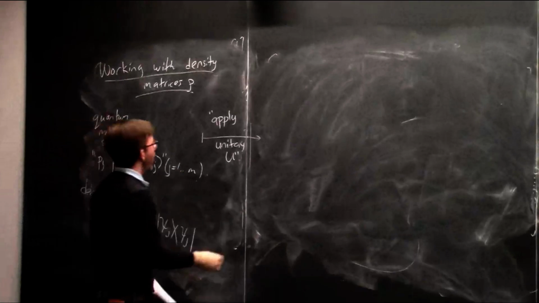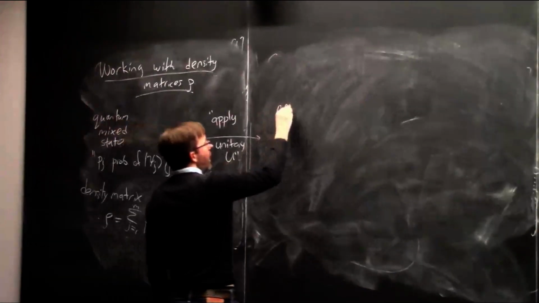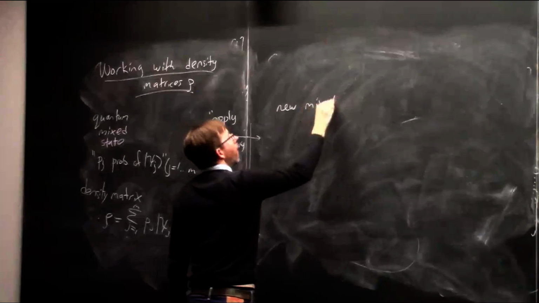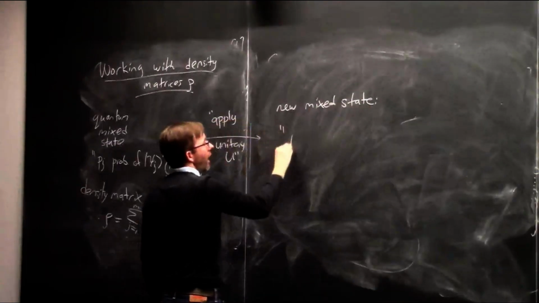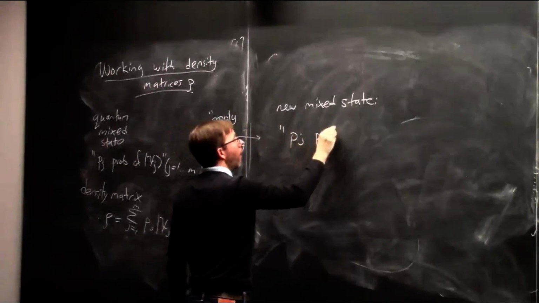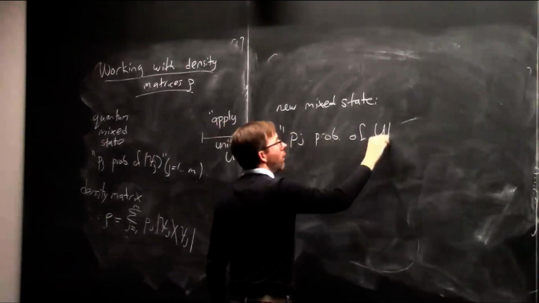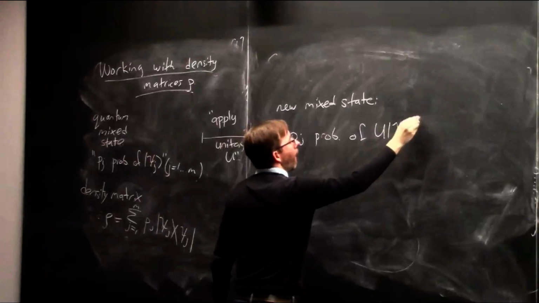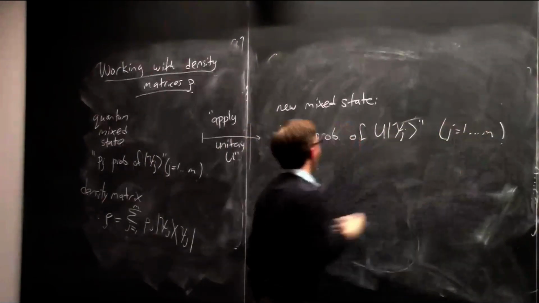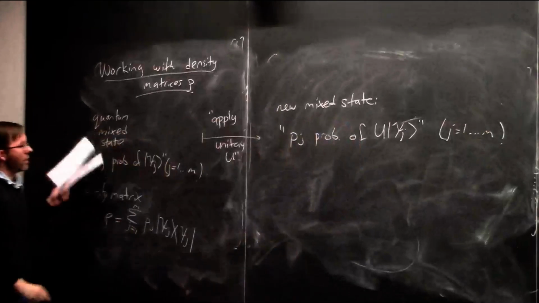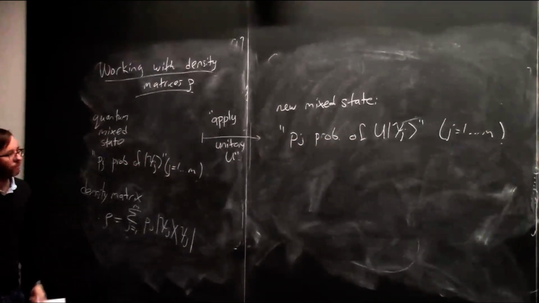So we'll just work it out in the natural way. Well, the new mixed state would of course be, for each j, a p_j probability of U times psi_j, where j goes from 1 to m. That's of course what would result if you just took whatever this was and applied U.